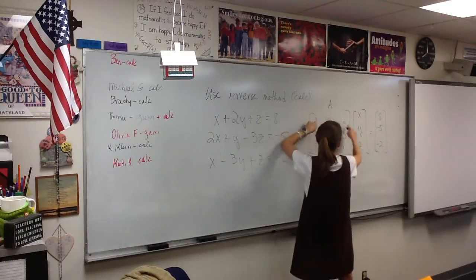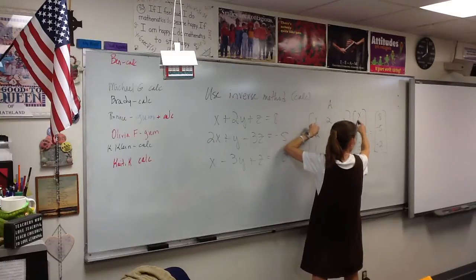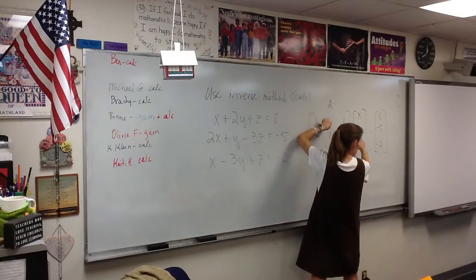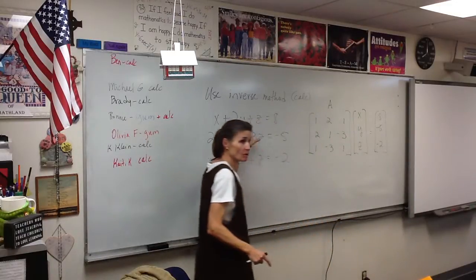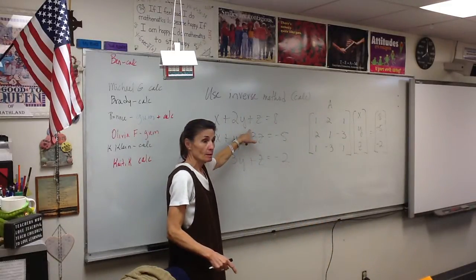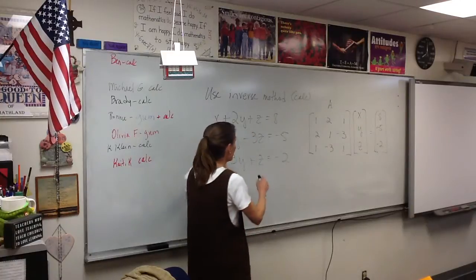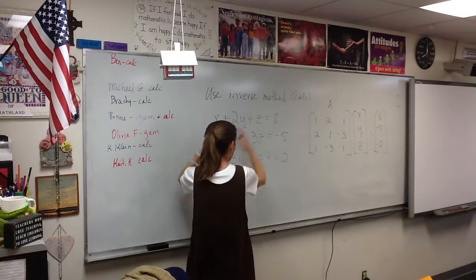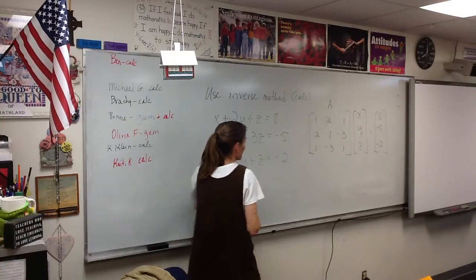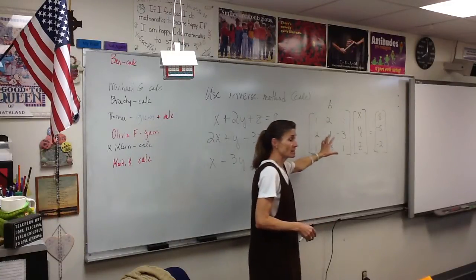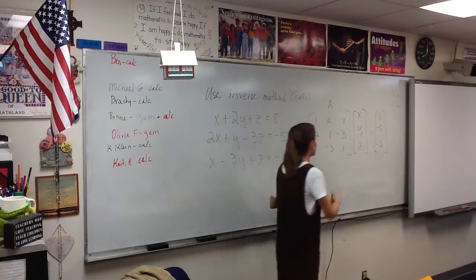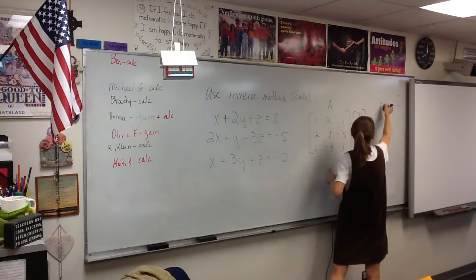And if I did that, I would get 1x plus 2y plus 1z, which is exactly what the equation is. So we've simply taken, just the way you normally write your equations, and we've translated it into a matrix equation, one big matrix equation. I'm going to call that A, and I'm going to call this B.